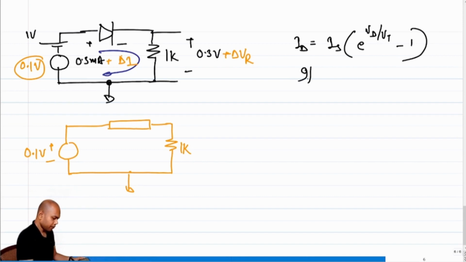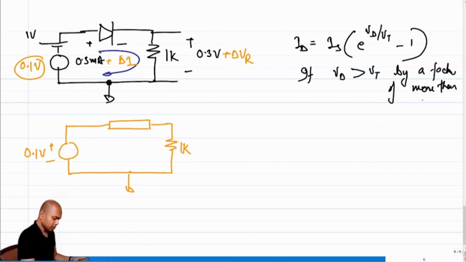So if Vd is greater than Vt by a factor of more than 3, let's say, I can simply neglect the minus 1 term, and I can say that ID is equal to Is e to the power Vd over Vt, correct?